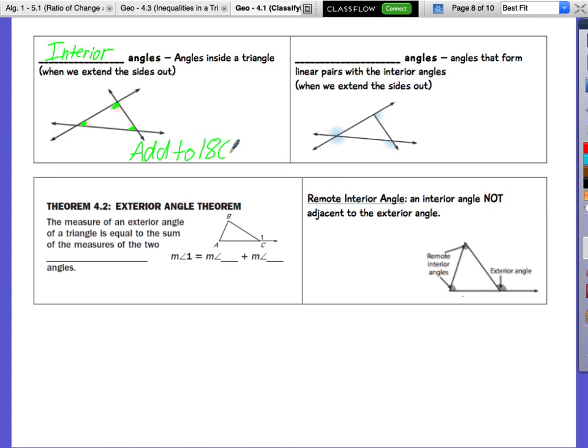So we have interior angles and we also have exterior. What does exterior mean? Outside, okay? Exterior angles are angles that form linear pairs with interior angles if we extend the sides out. So we have this triangle, and then we extend the sides out, and we get those.